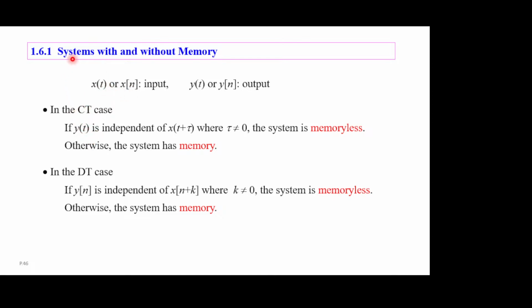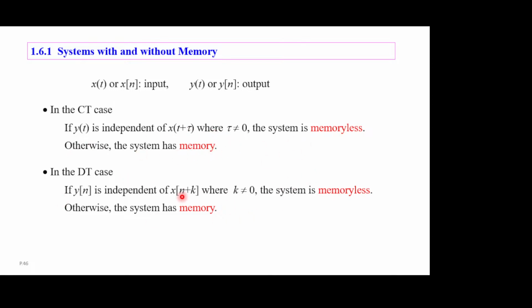So if the system is memoryless, this y of t is independent of anything other than x of t. So y of t only depends on x of t. It gives you some input, and it responds with the output immediately, and it doesn't remember anything in the past, and doesn't look at things in the future. Okay, so it should be very intuitive. And otherwise, the other way around, then it has memory.